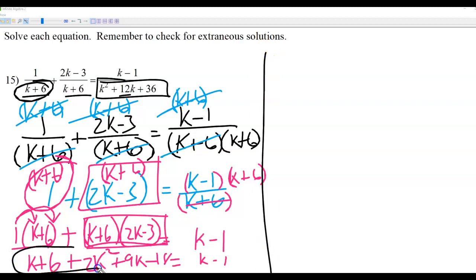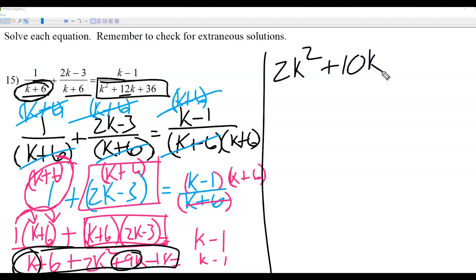So now on this side, I want to start putting some stuff together. Like I could put this k and this 9k together. The 2k squared is not going to change. But k plus 9k is going to be 10k. And then 6 and negative 18 can make negative 12.